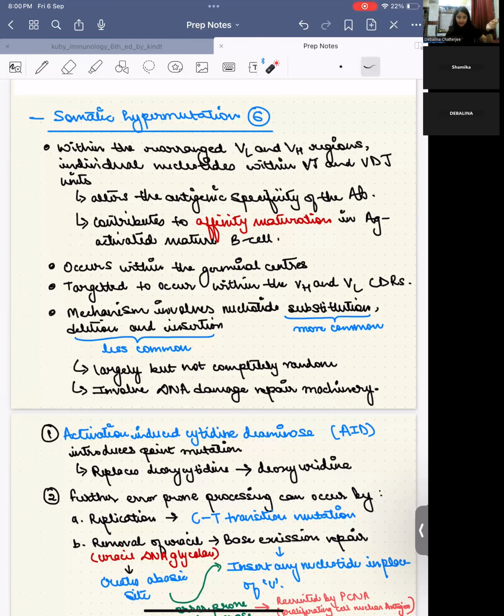It is only happening in the variable regions, particularly in the hypervariable regions or the CDRs, right? So CDRs are the hypervariable regions. We have also read CDR in context of T cell receptor, but that is a different thing. Here, CDR is the complementarity determining regions or the hypervariable regions of the antibody.